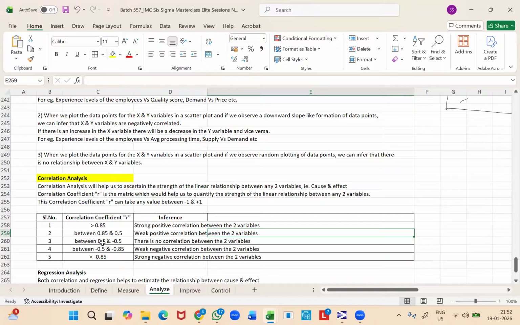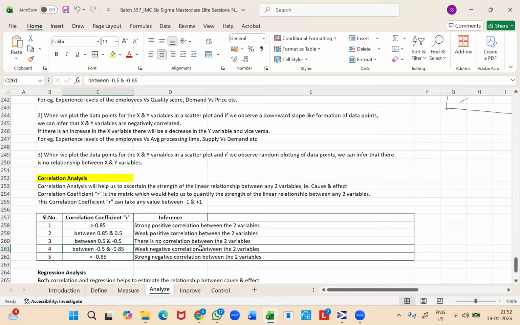But if the correlation coefficient value is going to fall anywhere between plus 0.5 and minus 0.5, that means it will be closer to 0. Then we will say that there is no correlation existing between the two variables. On the other side, if the correlation coefficient value is going to be between minus 0.5 and minus 0.85, then we will say that there is a weak negative correlation existing between the two variables.